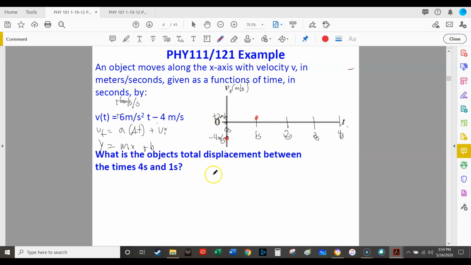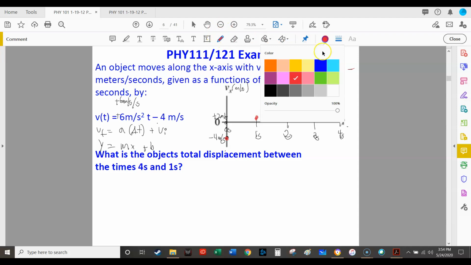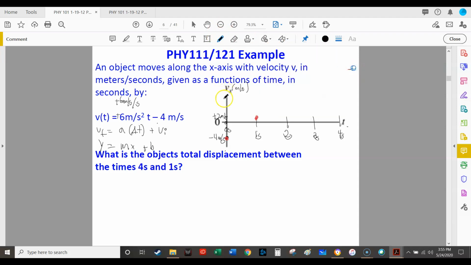Now you're going to add another 6 for the next second, all right? Well, the next second, it's going to now be at positive 8 meters per second, right? Because positive 2 meters per second plus 6 is going to be a positive 8 meters per second.